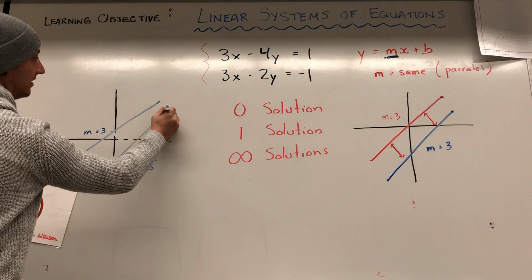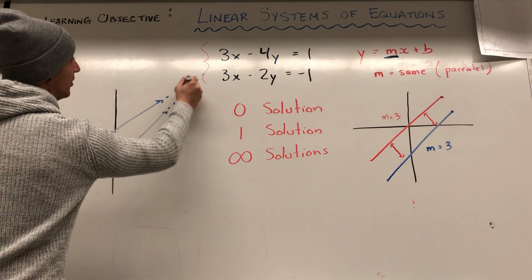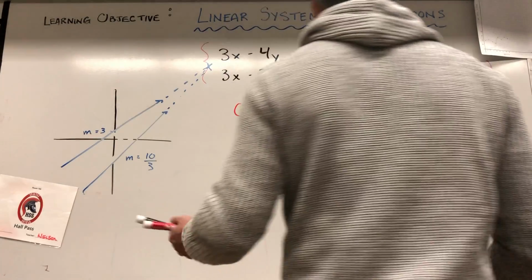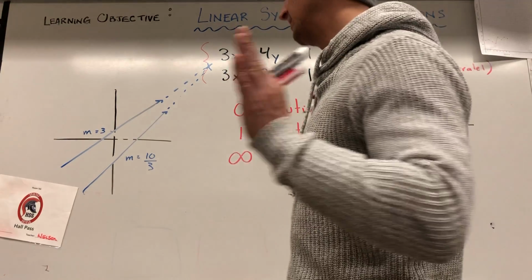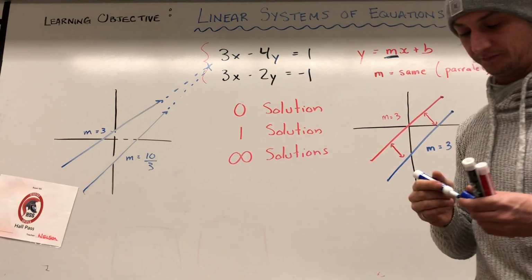Well, you can see that they're almost parallel, but at some point down the road in the future, they are going to intersect. So unless the slopes are exactly the same, they will intersect at some point. And that's my more common situation where I have one solution.